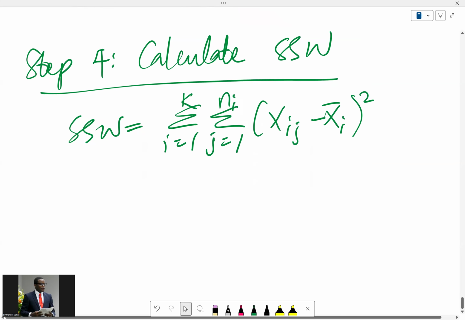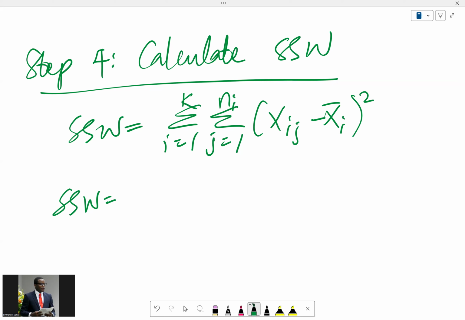So if you want to break that down, if you take j to be 1, from i equals 1 to k, I'm trying to break this down to make it more meaningful. We already know k is the number of groups.